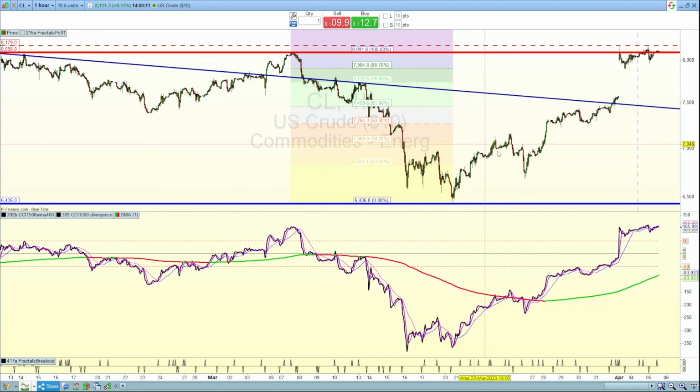You can see there it bounced up around the 61%. It stuck there for a number of hours, broke down, and then it broke up above that. So it actually broke the trend direction and it went into a more bullish momentum on the hourly chart.